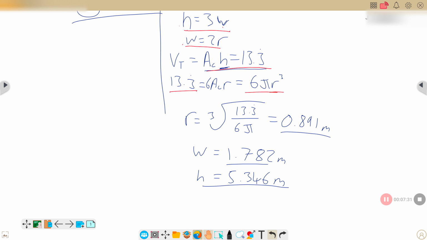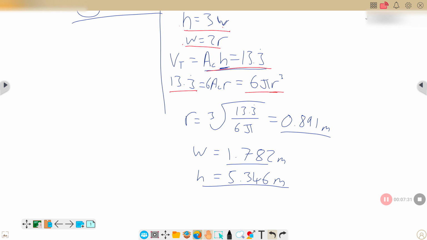So what your diagram might look like if I'm drawing a side view of this silo here, well, the width is equal to 1.782, or the inner width is equal to 1.782. So let's get some red in there. I'd say this width is equal to 1.782.